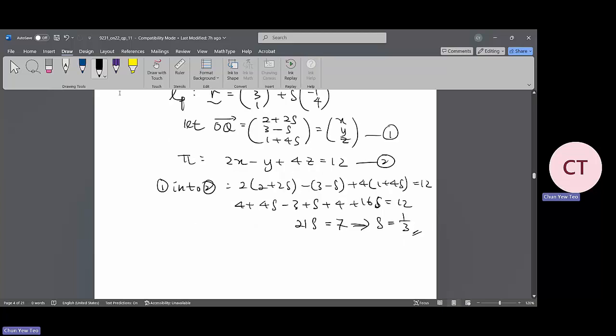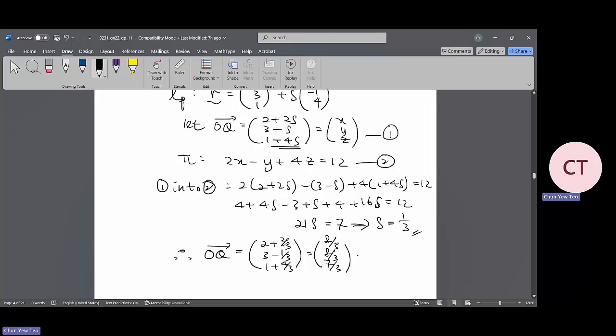Okay, so put s equal to 1 over 3 inside here. Therefore your OQ is 2 plus 2 over 3, 3 minus 1 over 3, and 1 plus 4 over 3. Simplify it. You will get 8 over 3, 8 over 3, and this is 7 over 3.